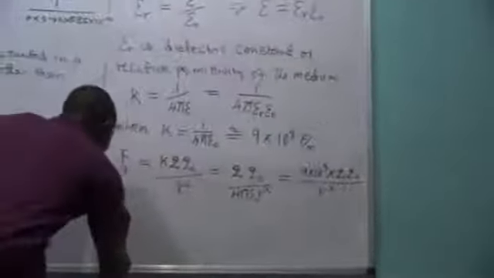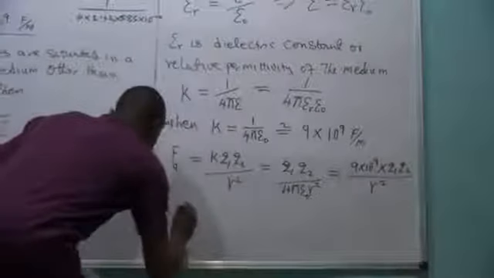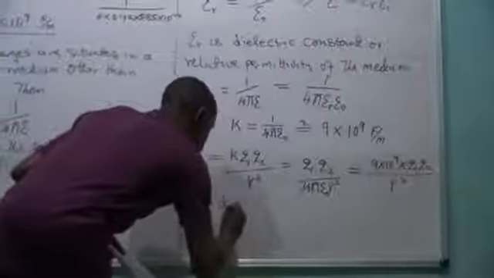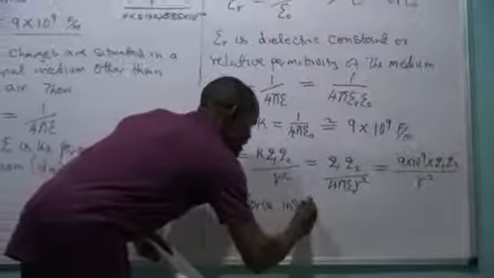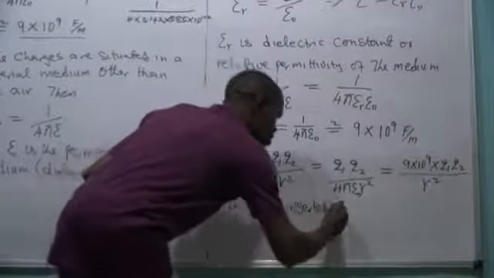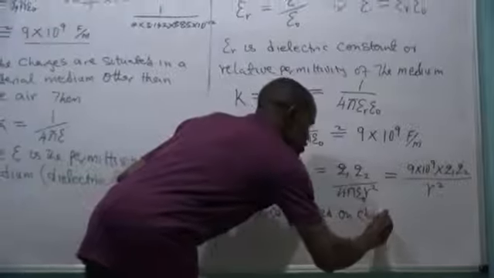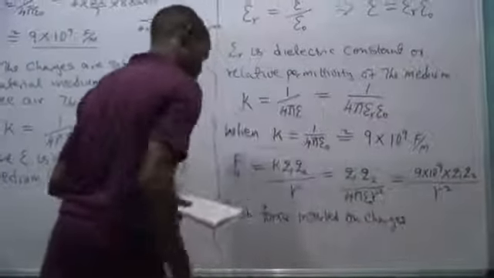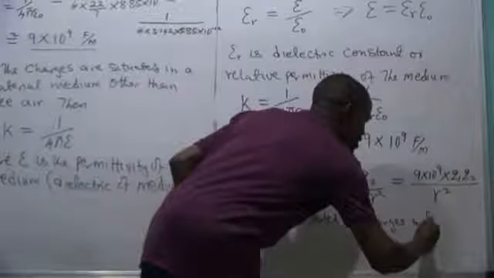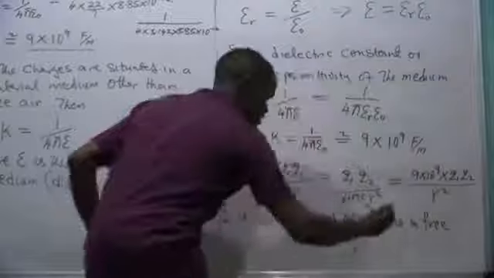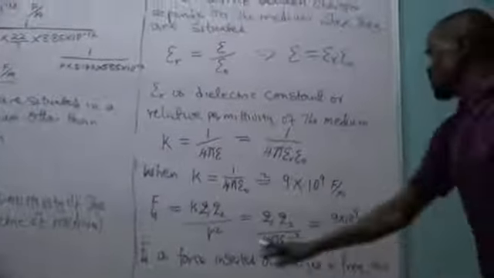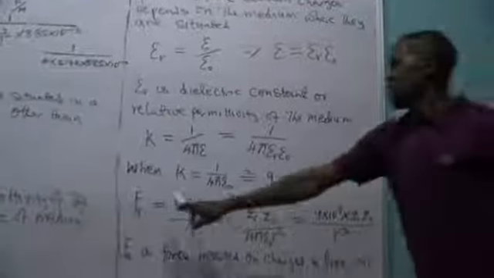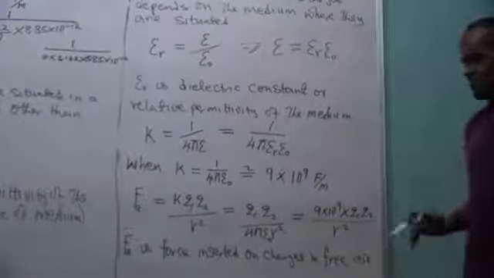And that's it. F_A is the force exerted on charges in free air. I'm using it to calculate.